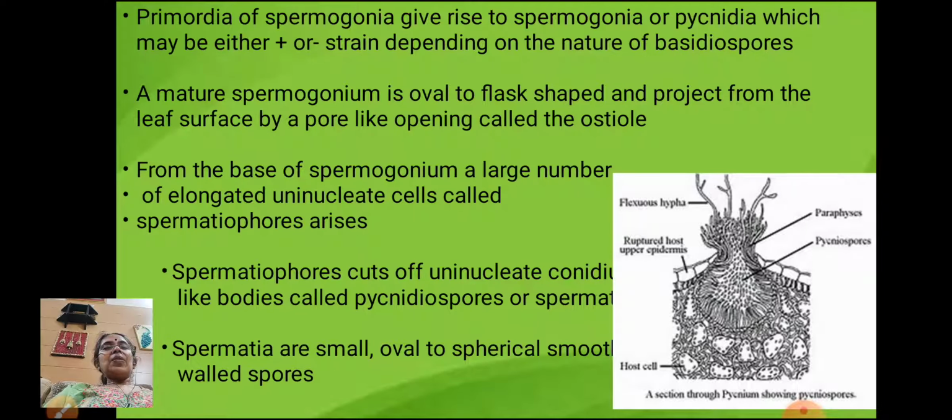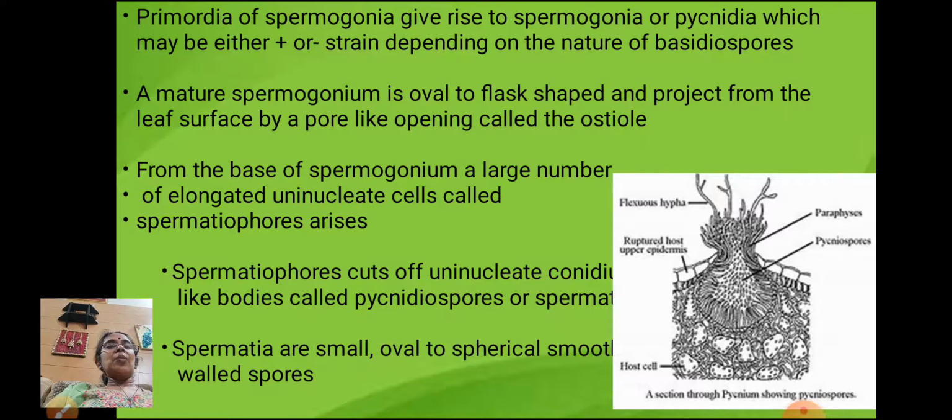The primordia of spermagonia give rise to a flask shaped structure called the spermagonia or pycnidia, which may belong to either the plus or minus strain depending upon the nature of the basidiospores.